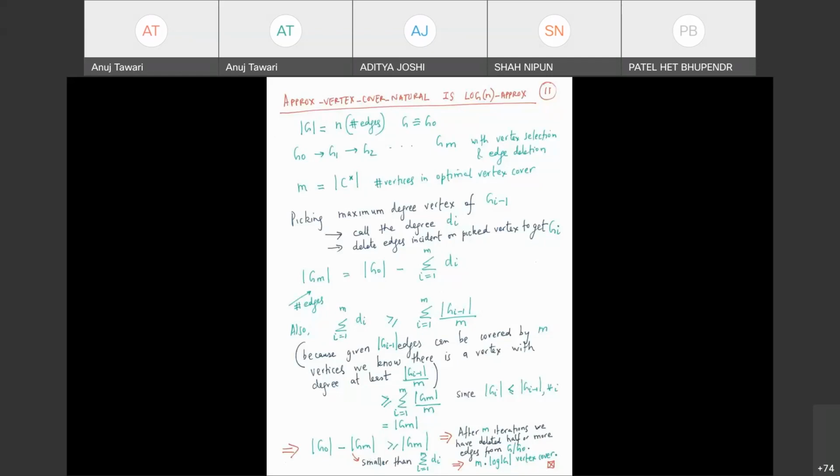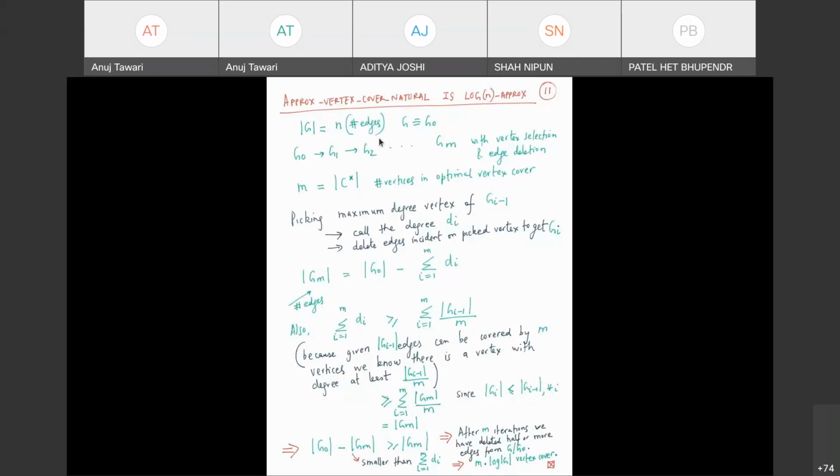When there are zero edges. So how many iterations of this algorithm will we require? It's m times log of the total number of edges in this graph, right? What is the total number of edges? The maximum is n choose 2, right?